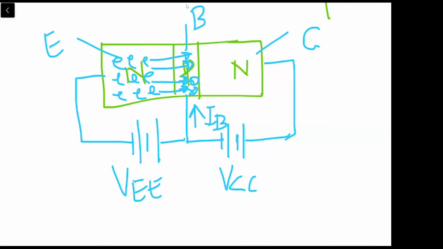Now as you can see, the biasing at the collector is positive, right?